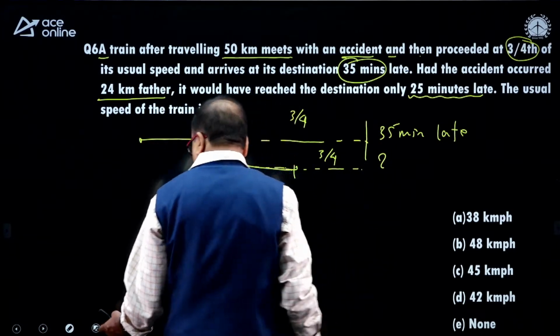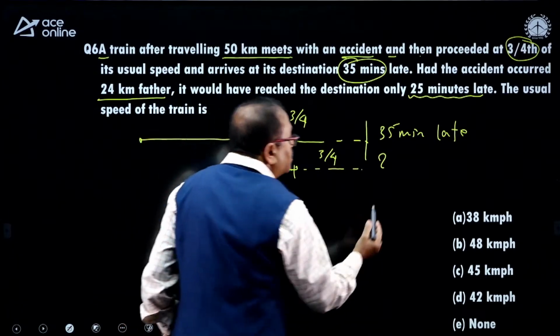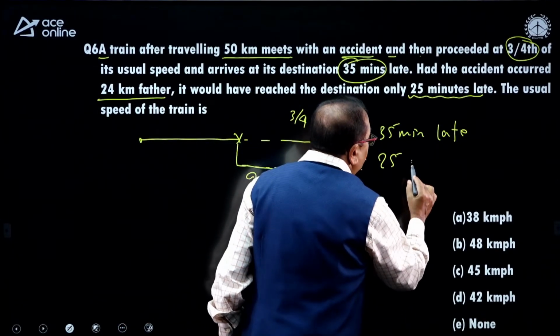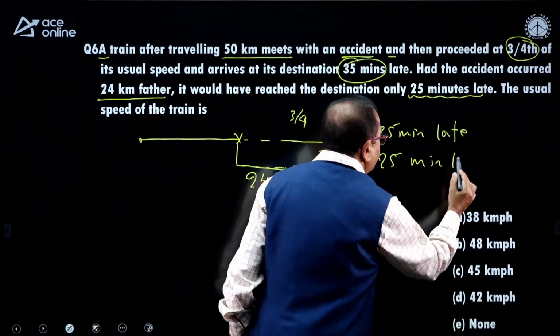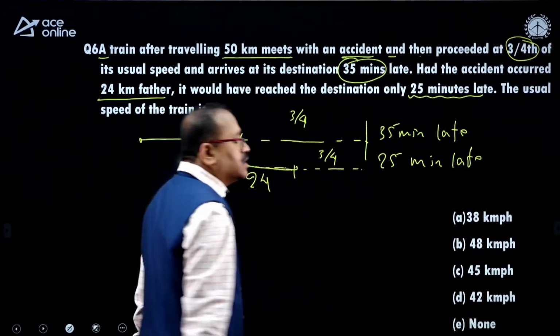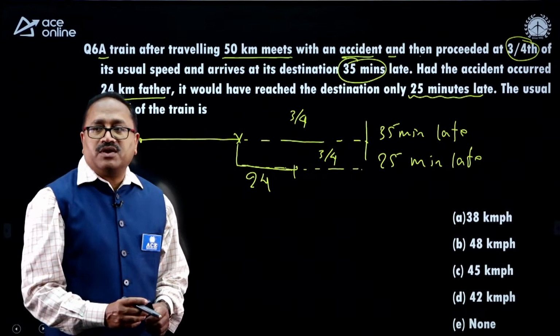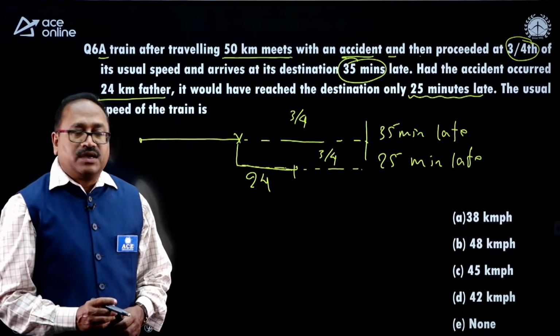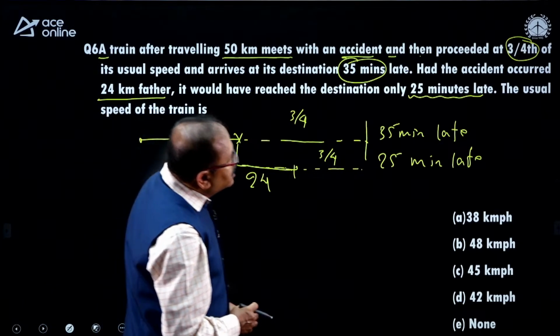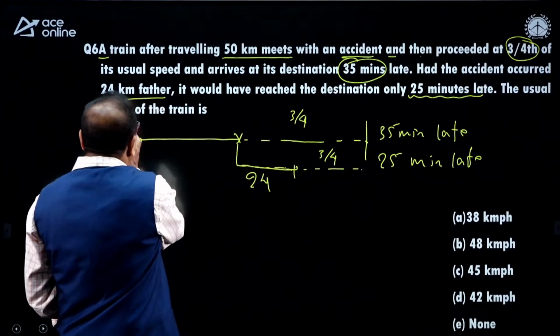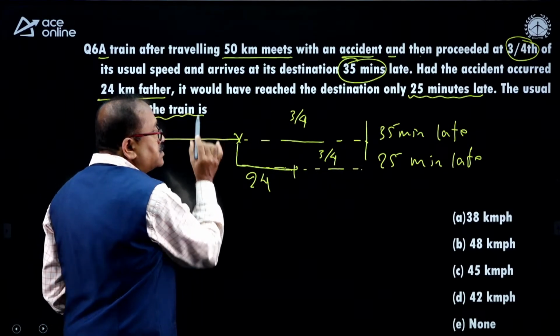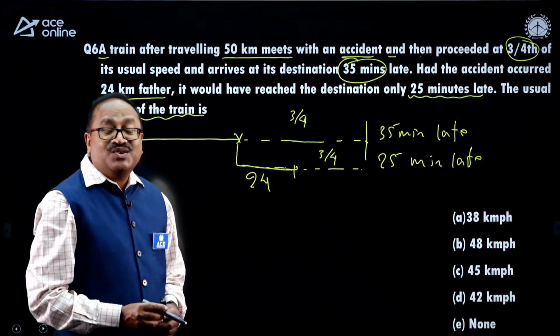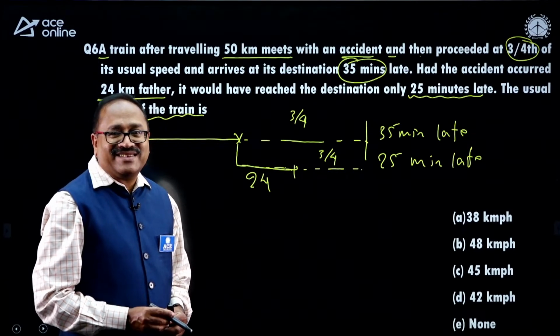Okay. So, here the train would have been late by 25 minutes. Fine. It is a beautiful question, my dear friend, and a frequently asked question in the exam. So, what is the question? The usual speed of the train is. Usual speed of the train is.